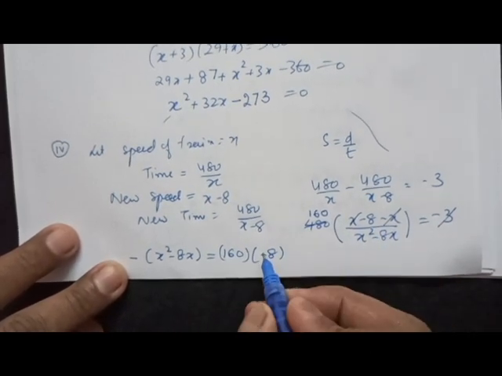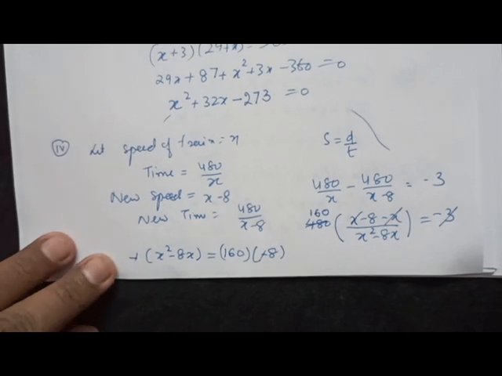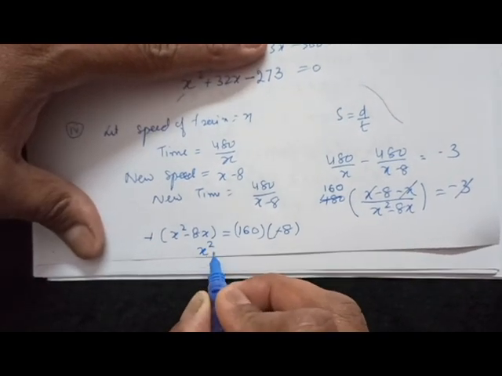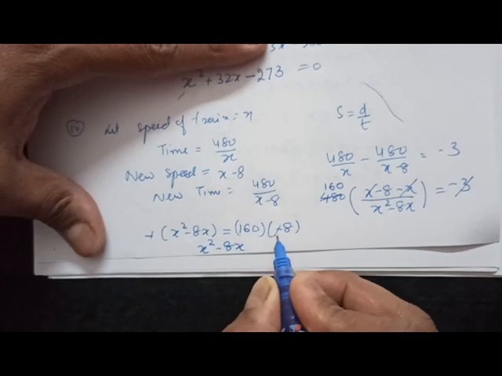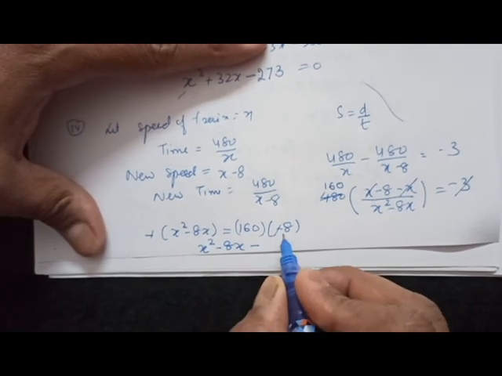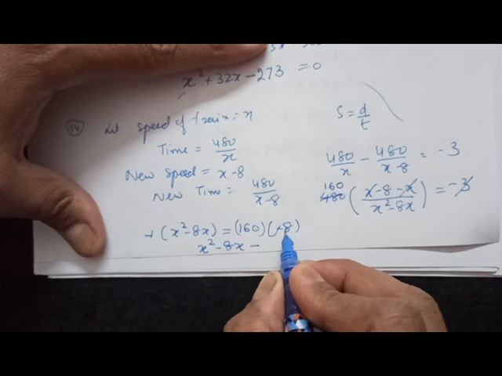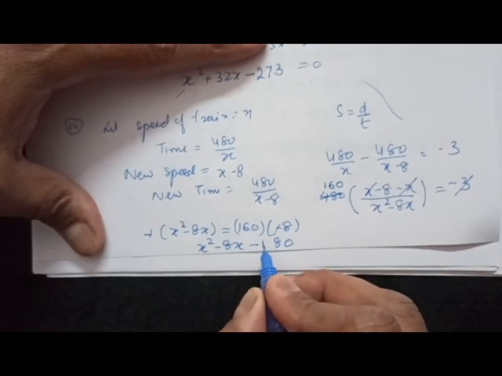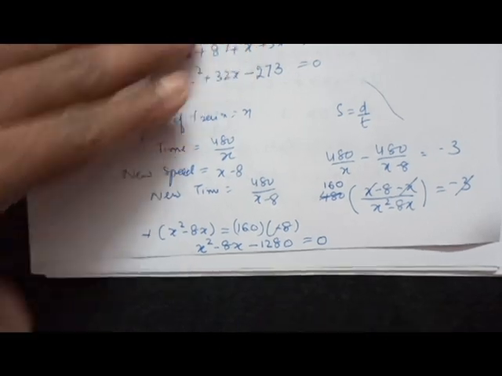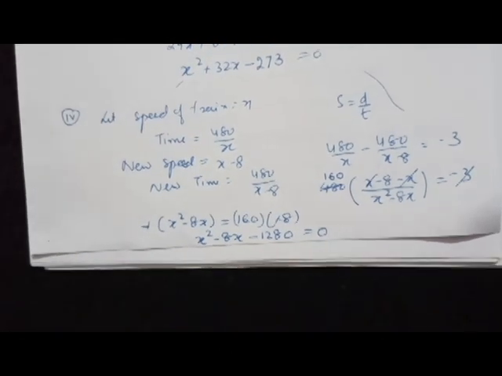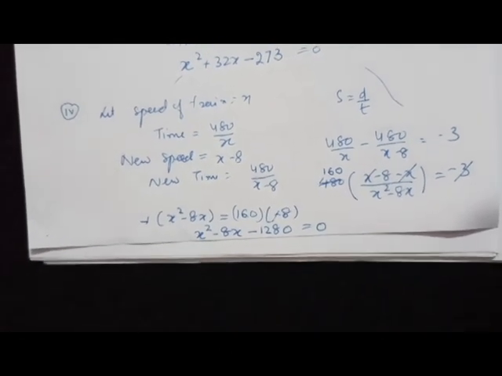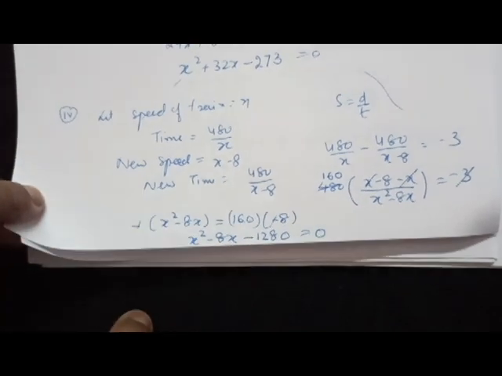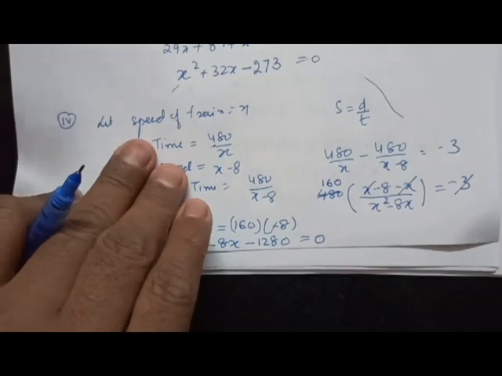The minus 8 has come from here. So this minus gets cancelled, and ultimately our quadratic equation will be x square minus 8x. We multiply this, 6 8 zeros are 0, 8 6s are 48, 4 8 1s are 8 plus 4 12. So we get x square minus 8x minus 1280 is equal to 0. So this is the quadratic equation of this question.